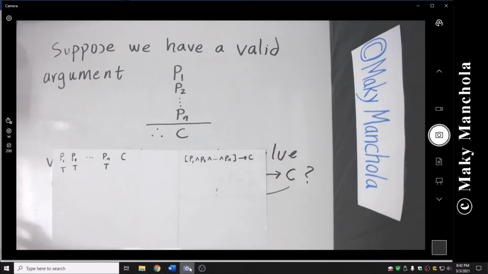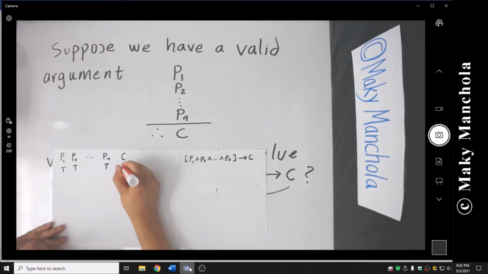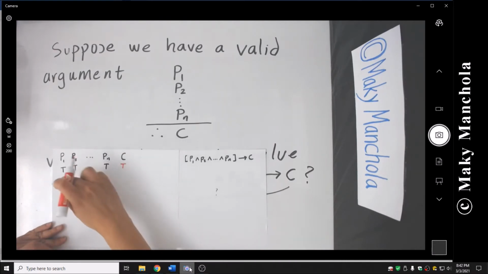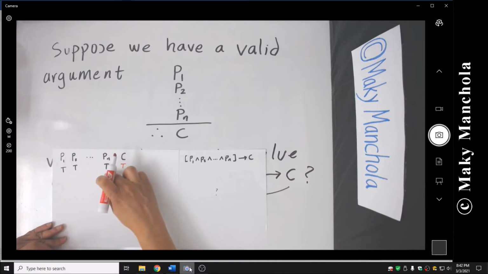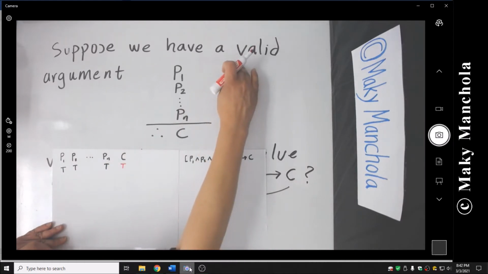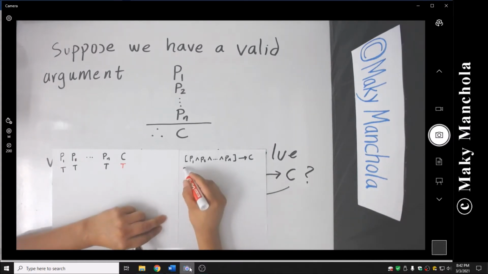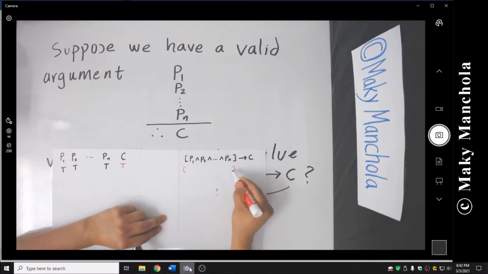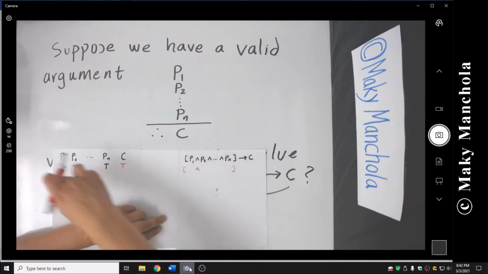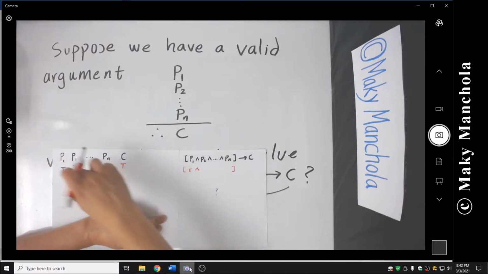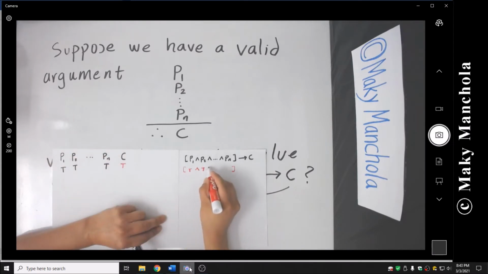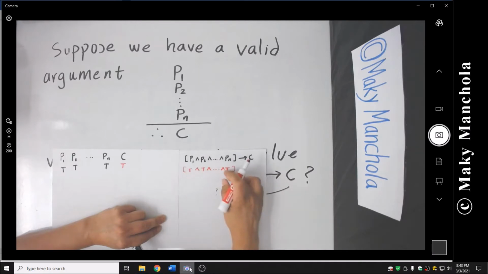So here we conclude that C is also true, because we're assuming all premises are true and we have a valid argument, then the conclusion is also true. Now, so what's in here now? We're taking the conjunction of true and so on and true. Everything here is true. Implies true.